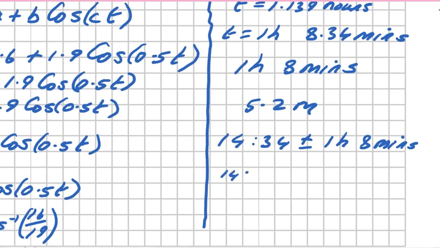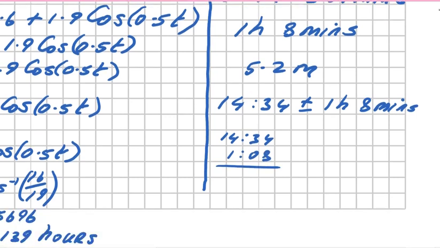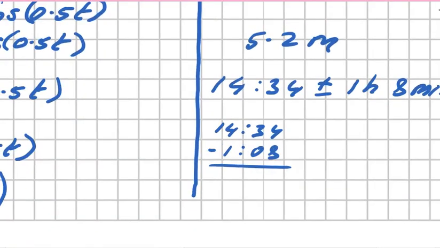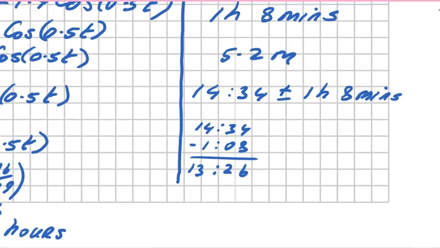So 14:34, we'll subtract first, maybe get the lowest one first. So 34 minus 8 minutes, 8 and 6 is 14, carry the 1, from 3 is 2, and that's 13:26. And now add the 1 hour and 8 minutes as well.